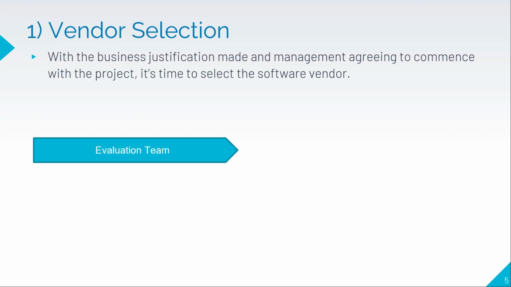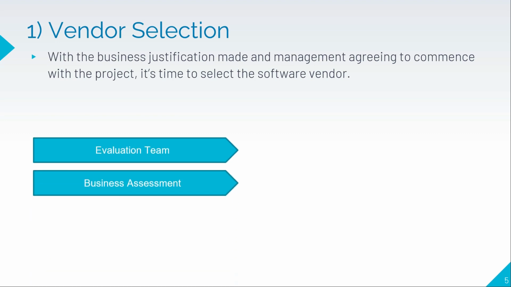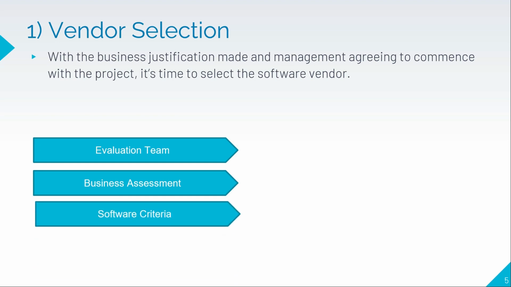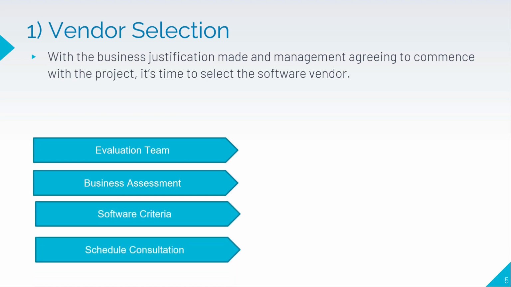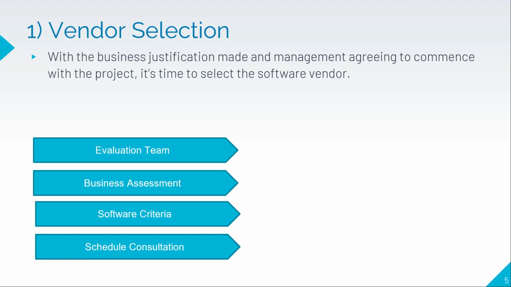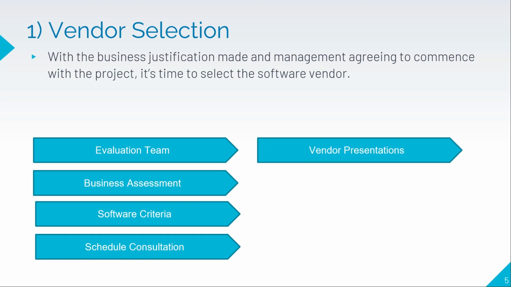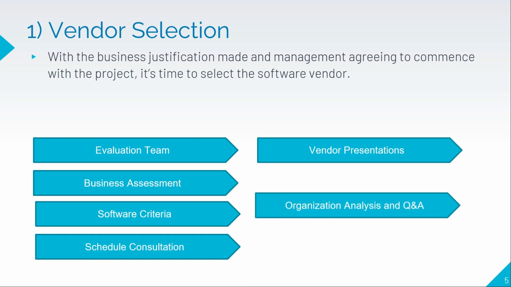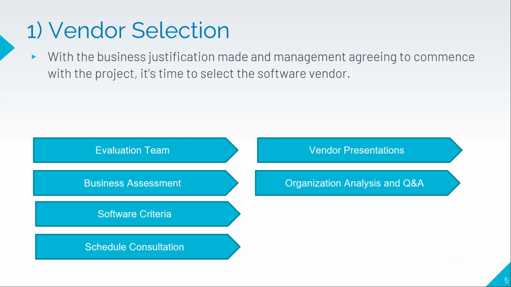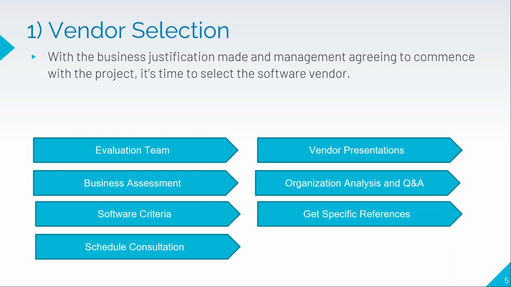The first one is: evaluate the team, business assessment, software criteria, schedule consultation, vendor presentations, organization analysis and Q&A, get specific references. So first they will form the evaluation team.